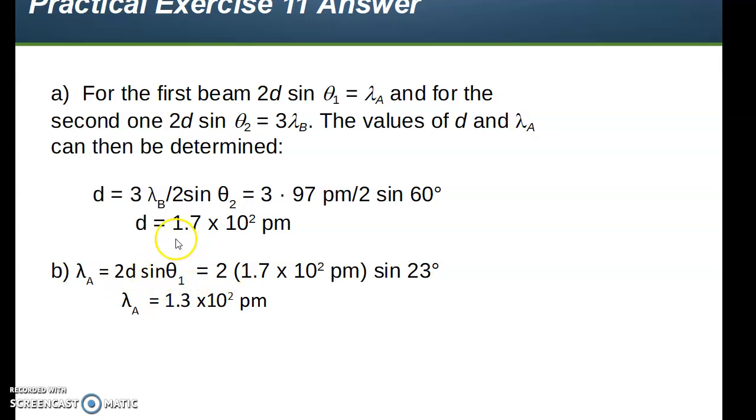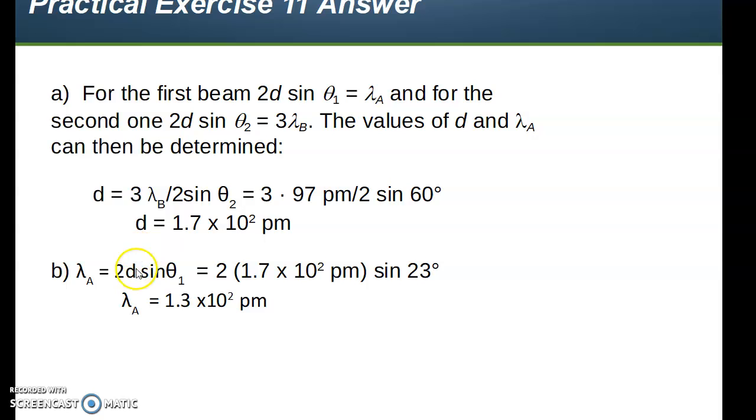So it's 2 times this distance, times sine 23 degrees, where it comes out the second time. And so you get your wavelength, 1.3 times 10 squared picometers, right? So that shows you how you can utilize the values and getting what you have here, right?